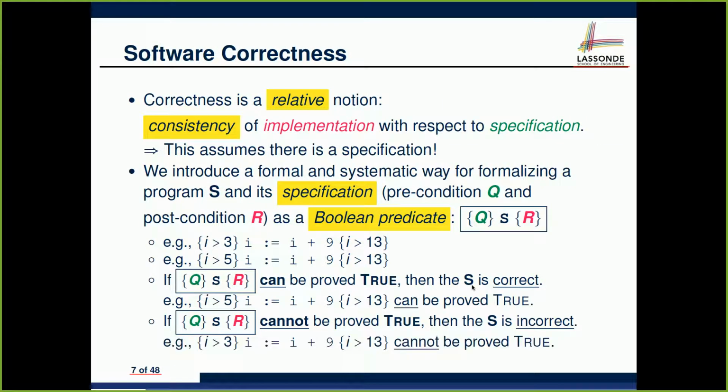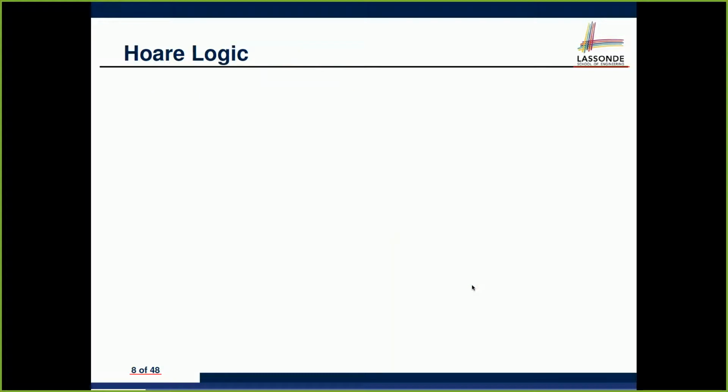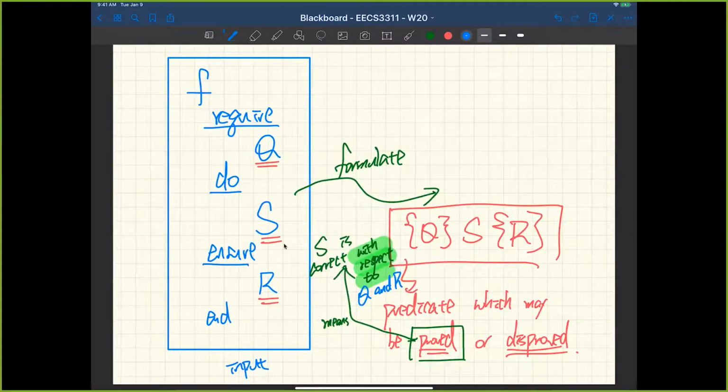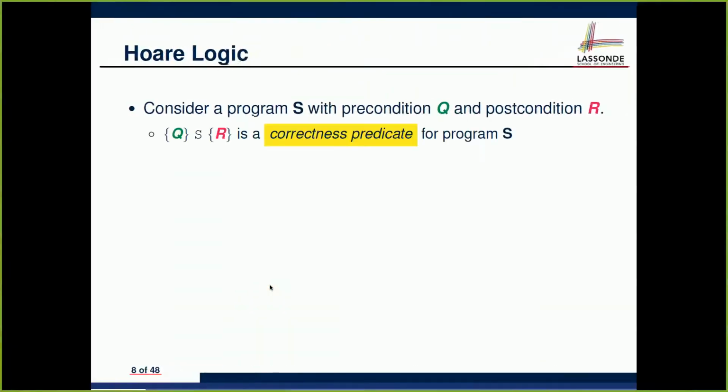These are just two examples I just talked about, right? You can look at that. Okay, Hoare logic, just a little bit more background. Now implementation S, and then we got precondition Q and postcondition R, right? It's called the correctness predicate.